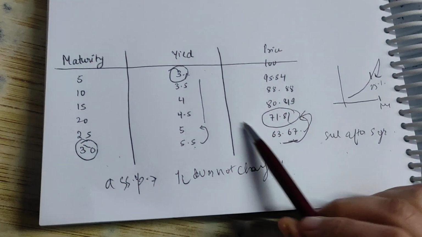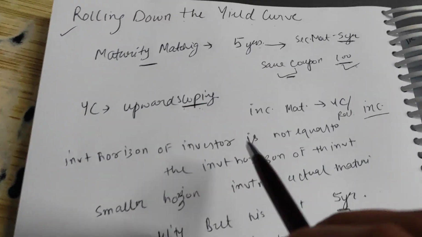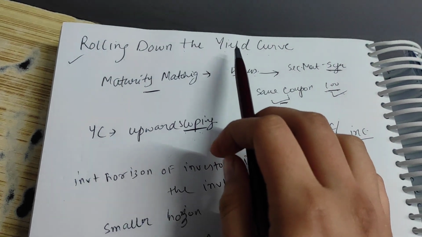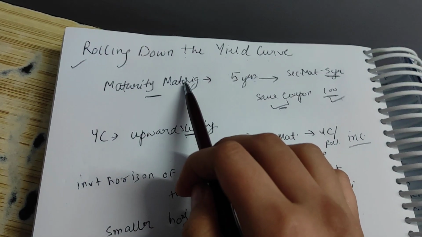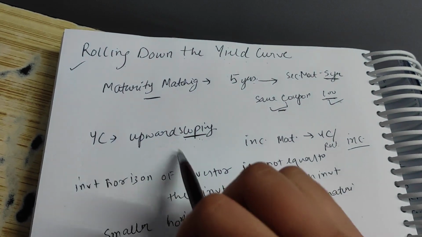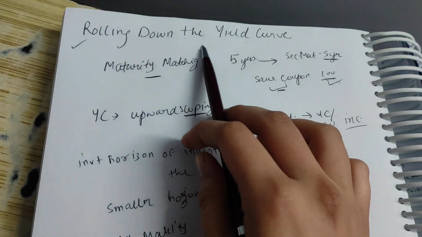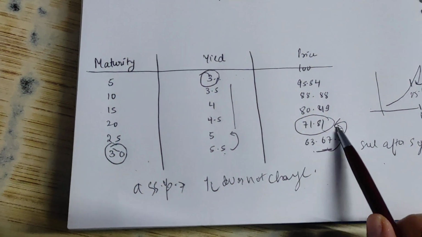So this was the whole objective of rolling down the yield curve, which says that investors who usually go for maturity matching don't go for that, but because the yield curve is upward sloping, in that environment we roll down the yield curve and earn extra capital profit.